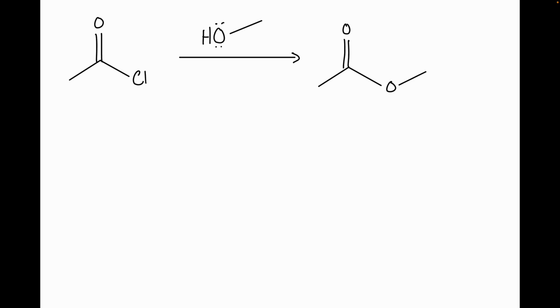But let's note here that if we were doing our balanced chemical equation, our other product would be what? If we're keeping track of all of our atoms, on my product side, I'm going to need to add one additional hydrogen and one additional chlorine. So in my balanced chemical equation, I've got this HCl product.